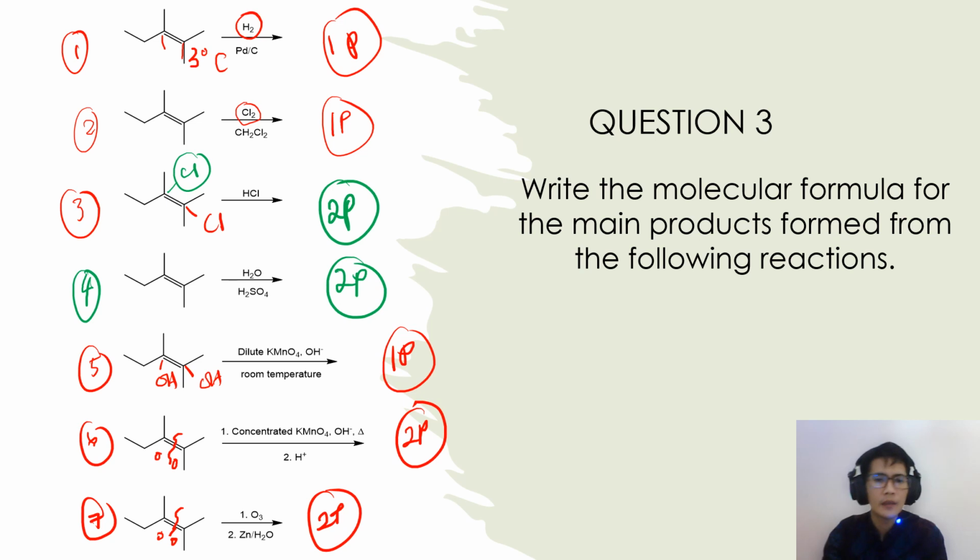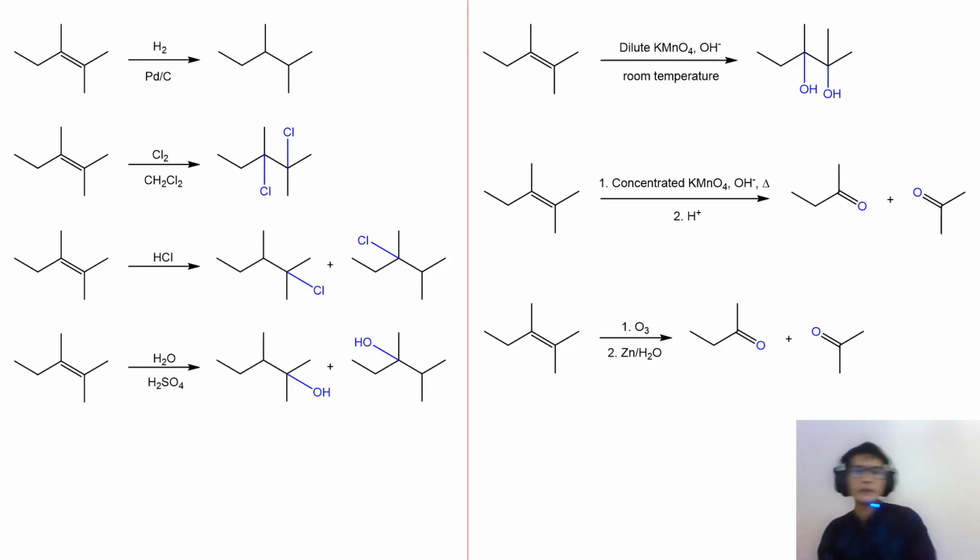So what are the products? Let's look at this slide. All right, the first one, you get only one product, which is the alkane. Why does it produce just one product? Because you add the same atom to both ends of the C double bond C, which is the hydrogen atom.